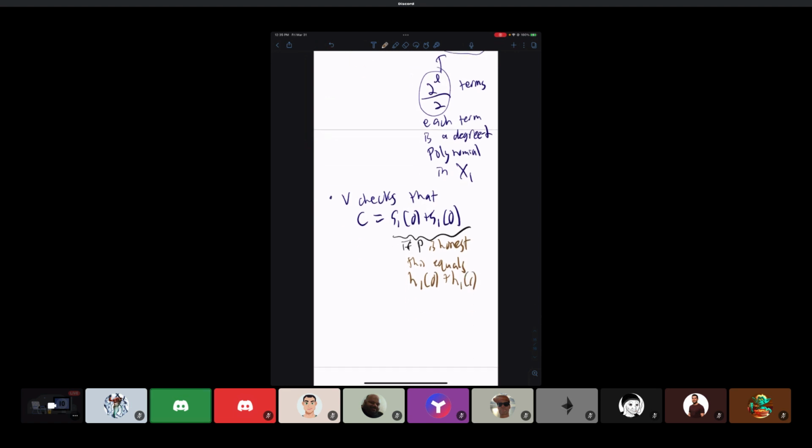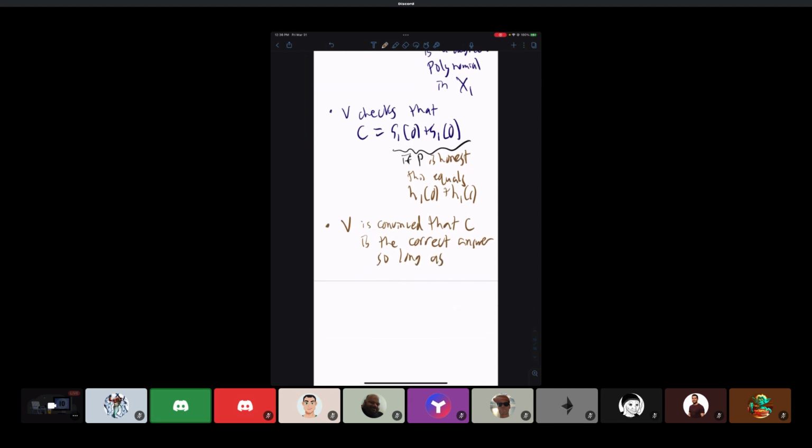So that means at this point in the protocol, I'll leave this in brown because it's a conceptual point instead of just telling you how the protocol proceeds. This means, assuming this check passes, it's totally safe for the verifier to believe that C is the correct answer, so long as, and this is key, S1 is what it should be.